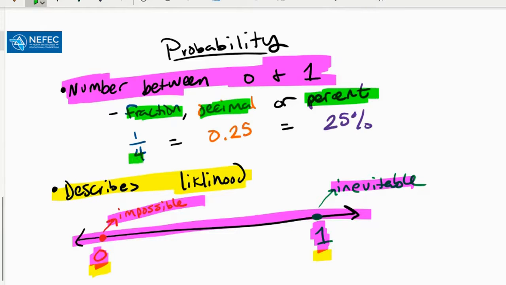I've given three values that are all the same thing, just represented in different ways: a probability of 1 in 4, or 1/4, or a quarter, or 0.25, or 25 hundredths, or a probability of 25%. These are all saying the same thing.